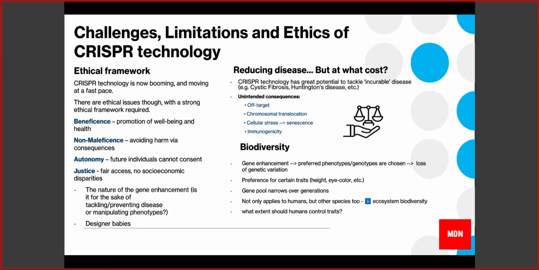If this impacts the gene pool, then this will reduce ecosystem biodiversity and pose a new threat, as if selection pressures come in, for example, disease, will they be able to withstand that? And again, this brings a question: to what extent should humans control traits? So as you can see, biodiversity, the ethical framework, and the consequences of trying to tackle disease are all interlinked. But thank you, I'll now pass on.